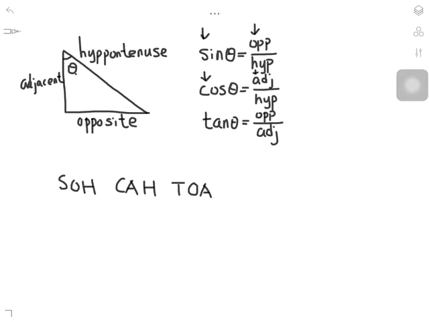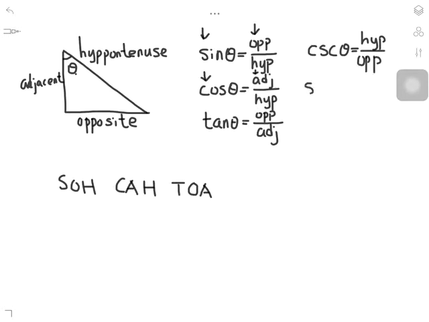For this lesson, we're going to extend that to its reciprocals. Hopefully you remember what the definition of reciprocal means. It's basically flipping it. Sine and cosecant are reciprocals of each other. So cosecant would be hypotenuse over opposite.